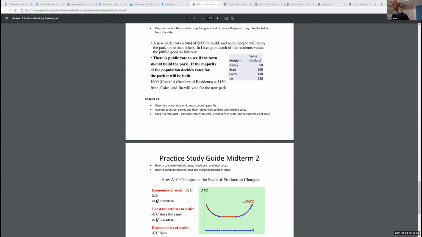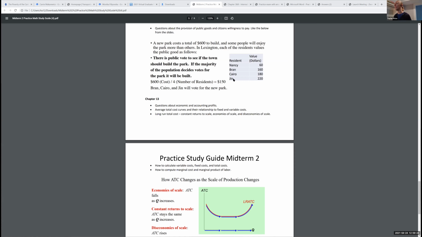Yeah, so total surplus in the case of the park. For this one, basically you would take the value that each resident has for the park, the value each resident places on the park, and then look at the cost for the park.